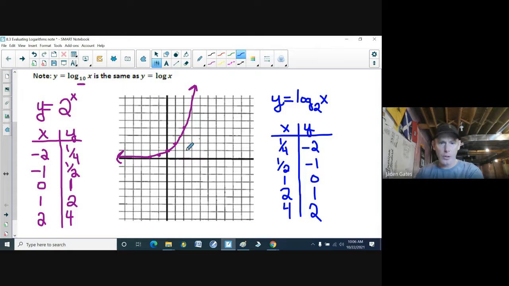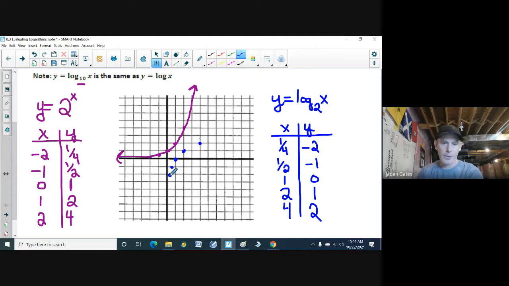All right, so I can plot those points. Let's see here. So we have 1/4, -2, so that's roughly right in here. 1/2, -1, right in there. 1, 0, 2, 1, and then 4, 2.